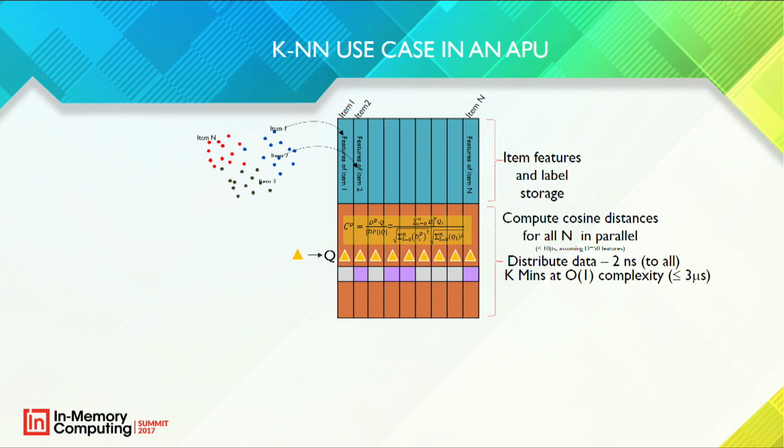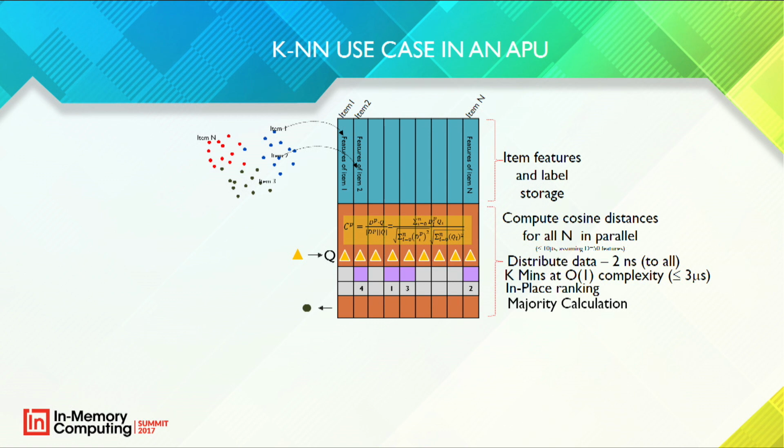And then we get the responder and find the top K. Top K can also be of O(1) complexity, and we find the majority and get the result in the memory.